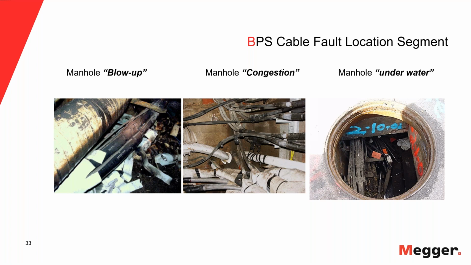And Marshall mentioned one tool, the cable identifier. That is sometimes a very important tool to even figure out when you're in the manhole where this cable is coming from, where it's going to, right? So you're really on the right cable when you do your fault locate. And then on the right-hand side, you see a typical manhole with a lot of water in it. Most manholes I see have a lot of water in them.